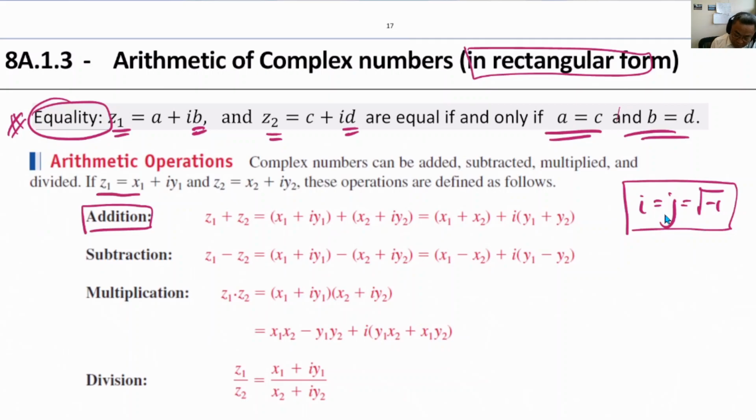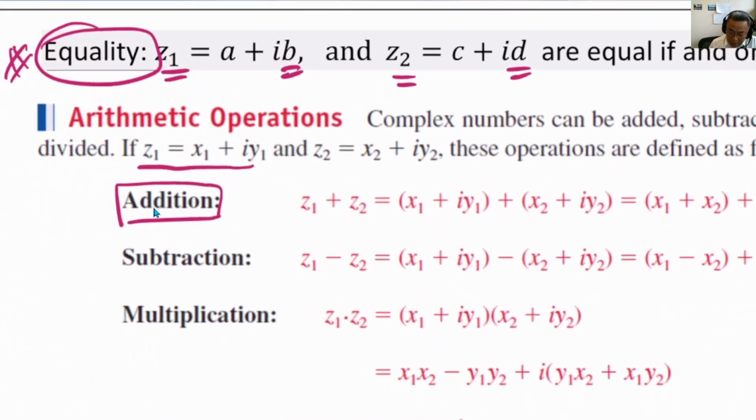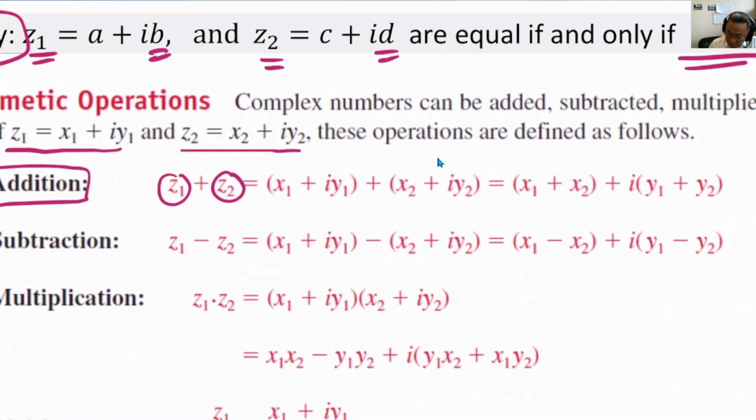Here we say that z1 is equal to x1 plus iy1, and z2 is equal to x2 plus iy2. Now, when we want to add z1 and z2 together, the real parts must add. So it's x1 plus x2, and i we put in front, and the imaginary parts add independently, y1 plus y2.